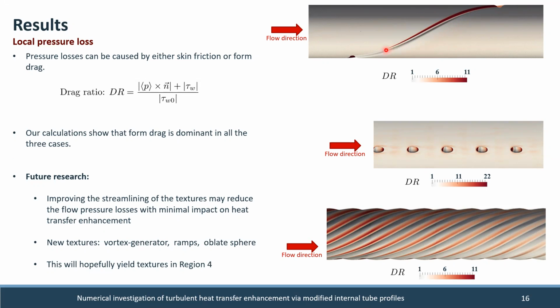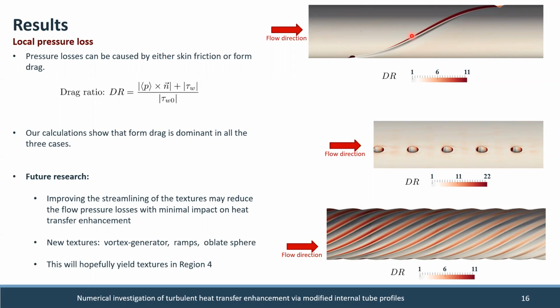So here it shows that, for example for the coil, if we can somehow change the geometry of the coil in a way that we decrease this dr upstream of the coil, it can be really helpful in order to have quite the same heat transfer enhancement ratio with a lower pressure loss.